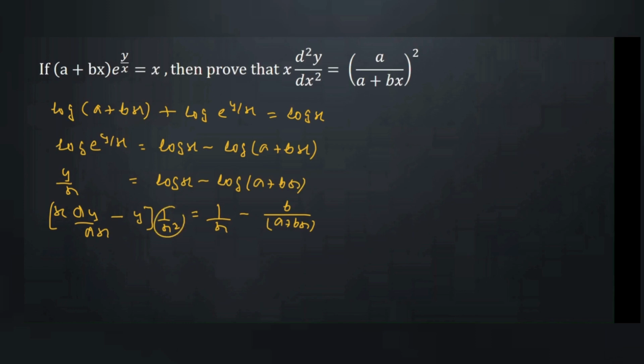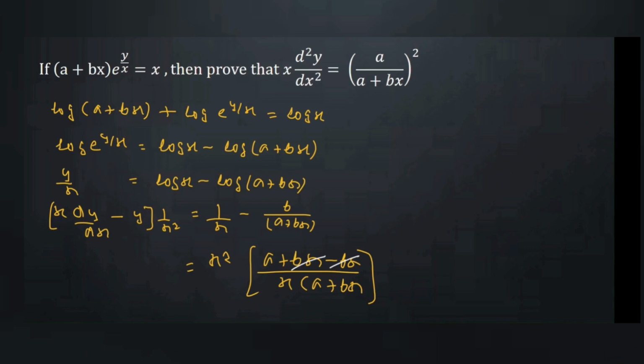Now in order to simplify this, first we are going to transpose x square to the other side. So this is x square times, and on the right hand side on taking LCM, we'll have x times (a plus bx), and this results in 1 multiplied by (a plus bx) and minus b multiplied by x is minus bx. In fact, this gets cancelled over here.